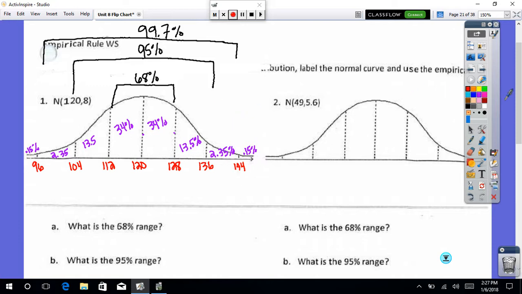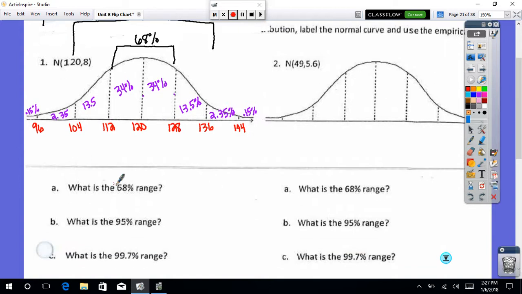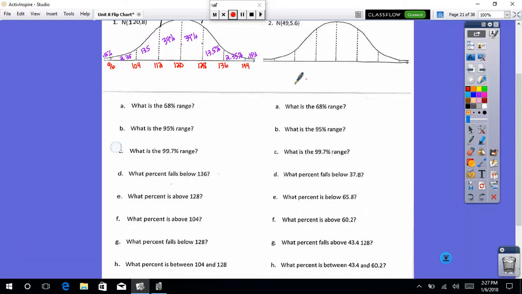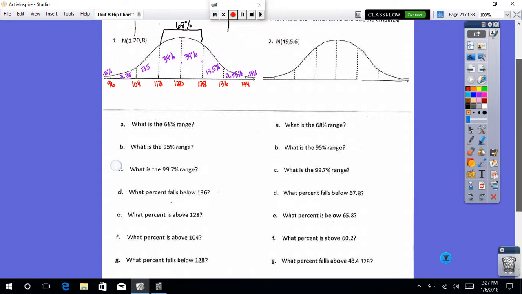That's important because of the questions that we're about to answer. It says, what is the 68% range? What points did people score that made up 68% of our data?